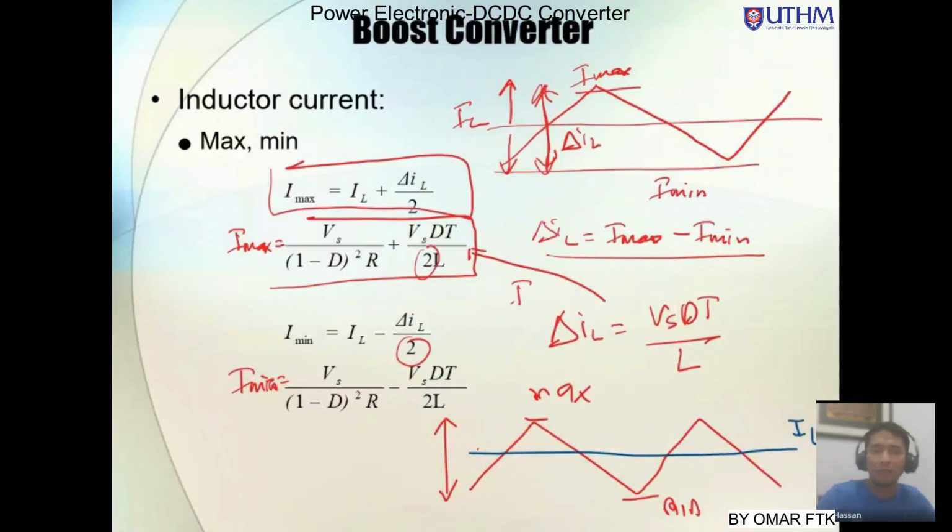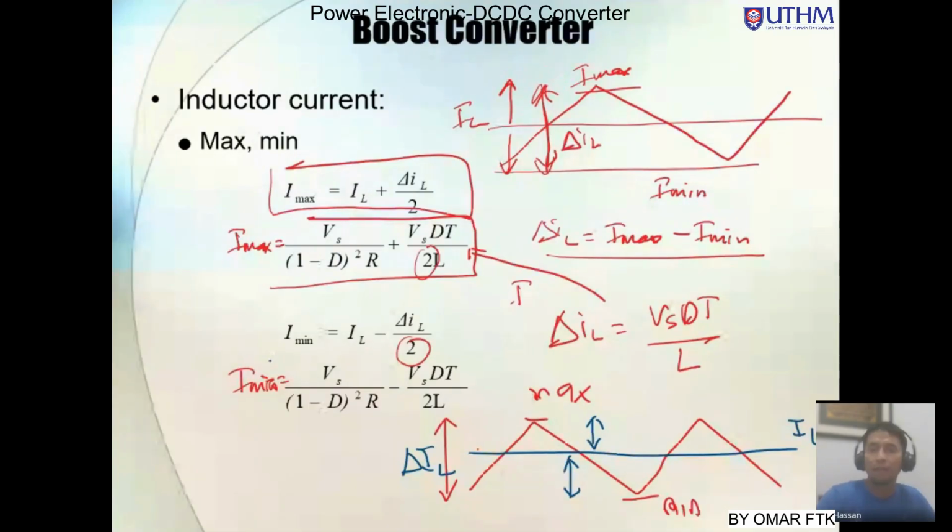So that means we can determine the Imax. Imax is equal to IL plus this length, which is delta IL divided by 2. So IL plus delta IL divided by 2 is for Imax. For Imin, the bottom one is IL minus delta IL divided by 2.